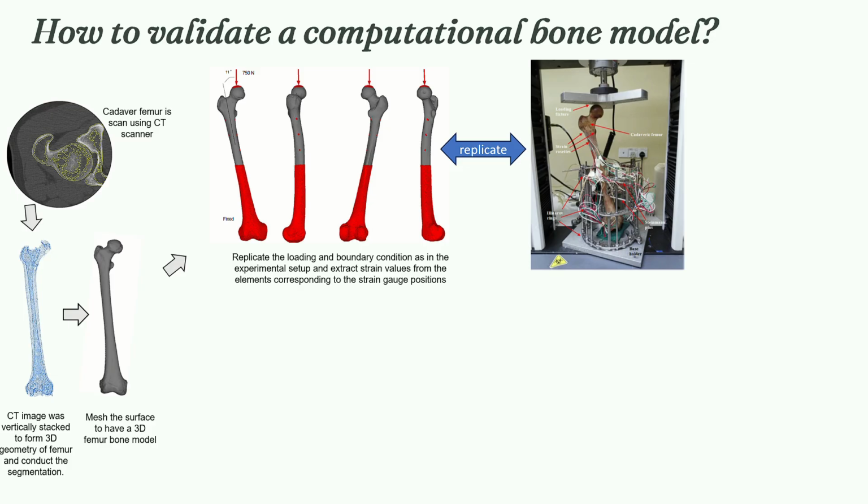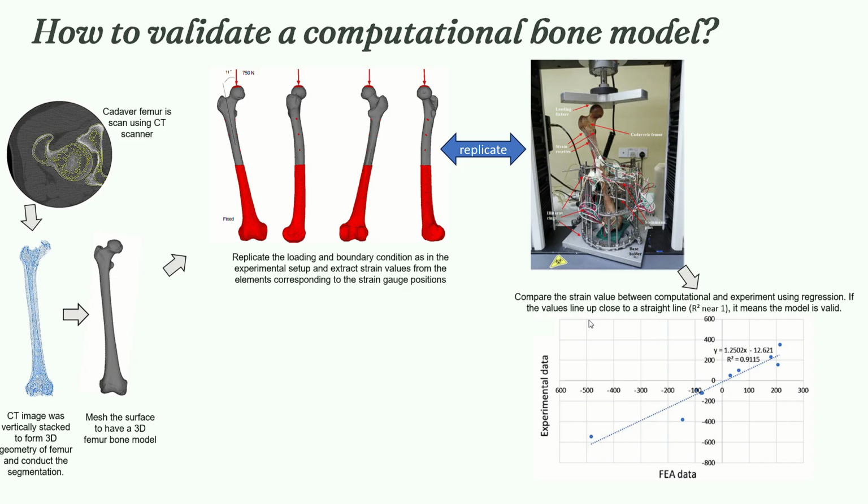Finally, we compare the strain values from the computational model with the experimental data using regression. Once the model is validated, we can run simulations according to our research objective, which in this case is to study the effect of cement reduction.